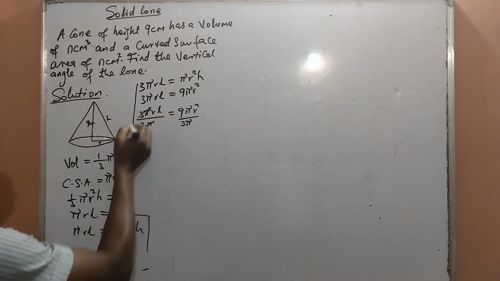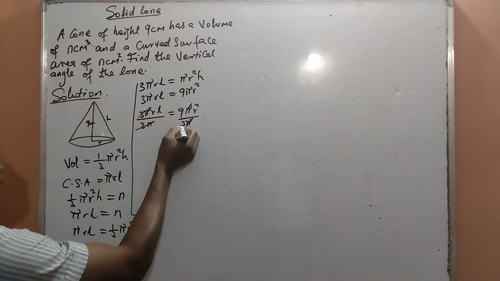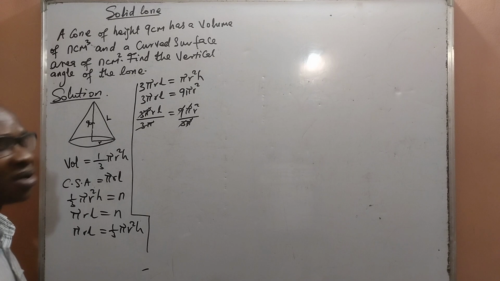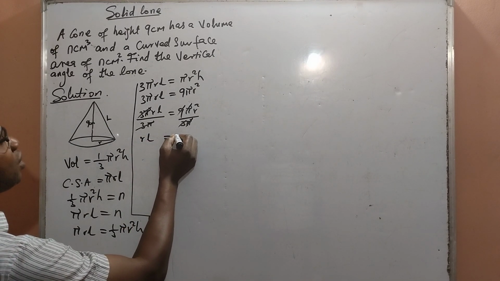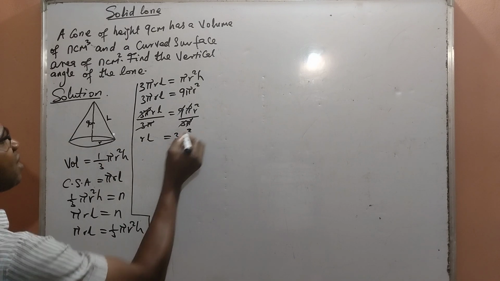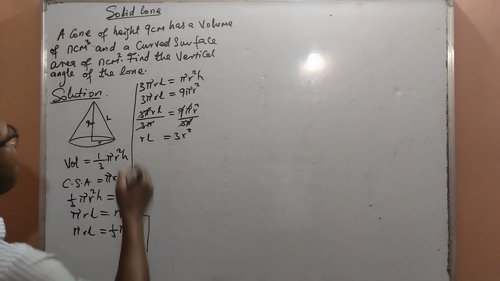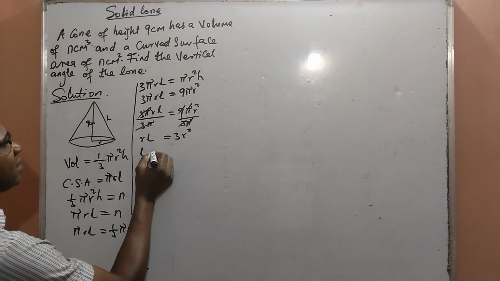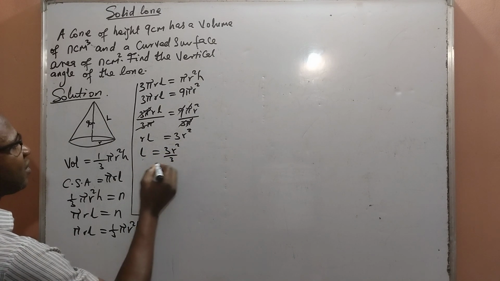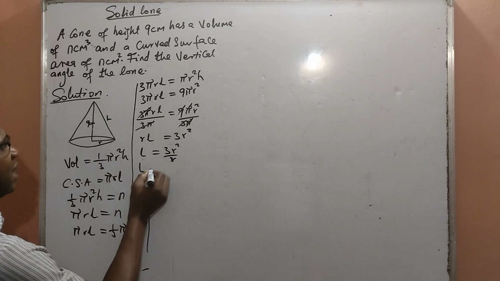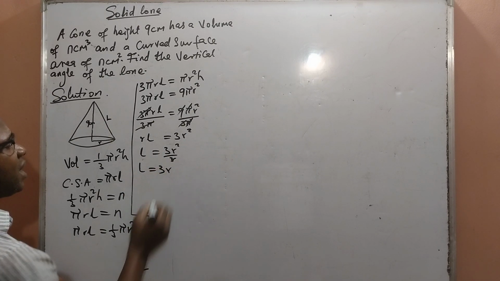So pi will cancel pi here, 3 will cancel 9, okay, to give me r l is equal to 3r squared. Meaning that I can divide both sides by r to get that l is equal to 3r squared all over r. Okay, therefore l is equal to 3r.